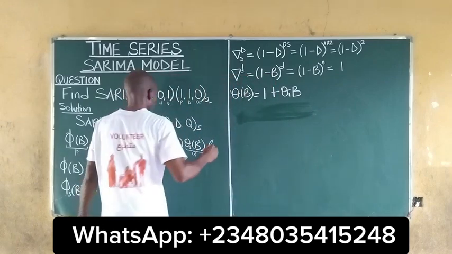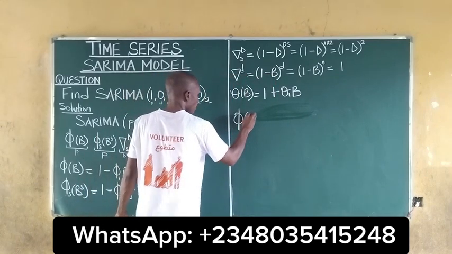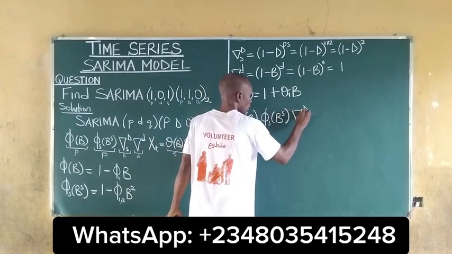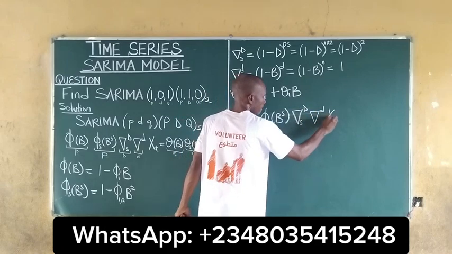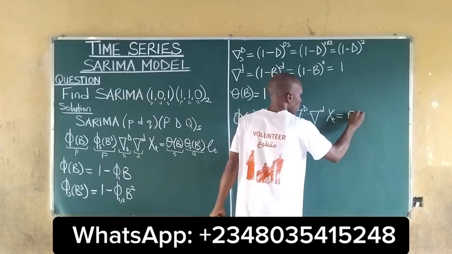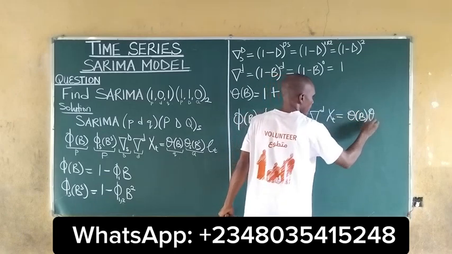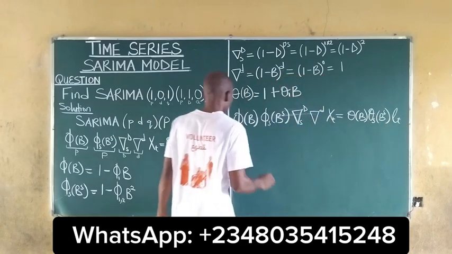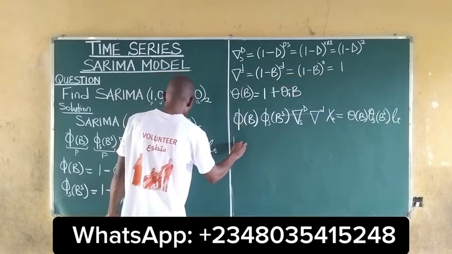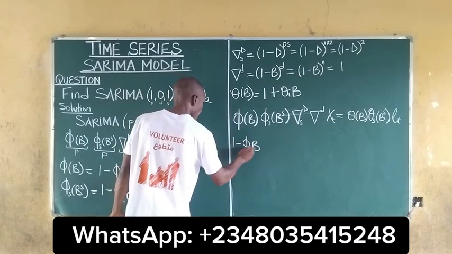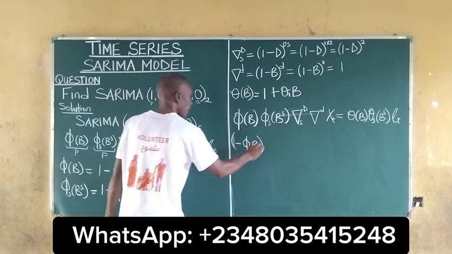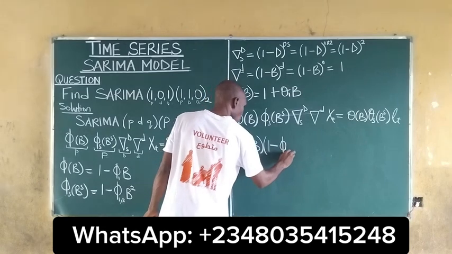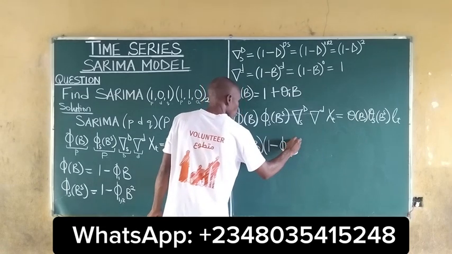So if we write out the SARIMA model, which is phi(B), the seasonal part, the difference, equal to the moving average: for what we got from phi(B), we got 1 minus phi 1 B. What we got from the seasonal part, we got 1 minus phi 1,2 B squared.